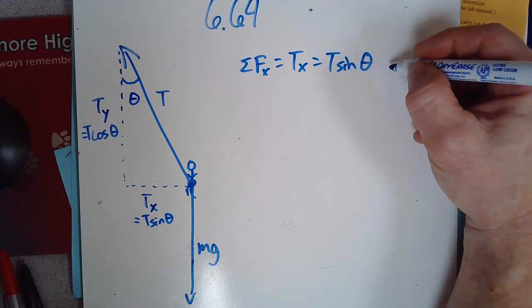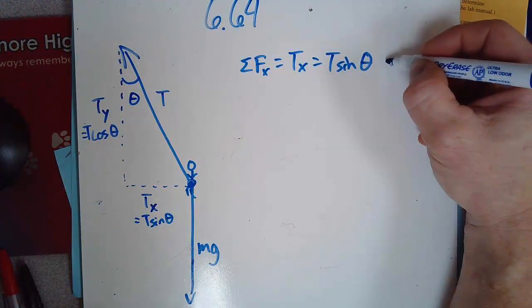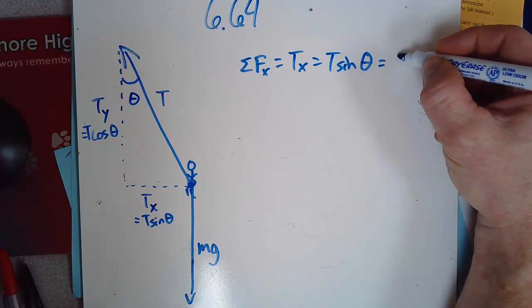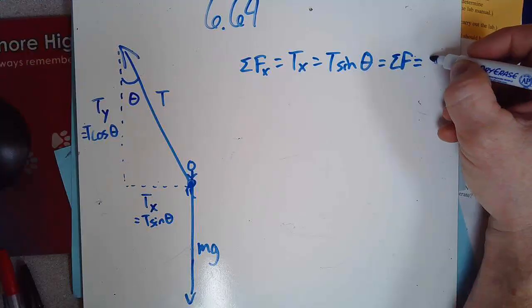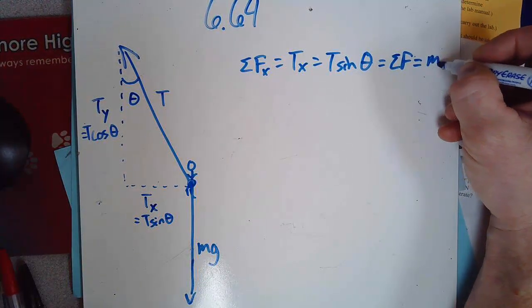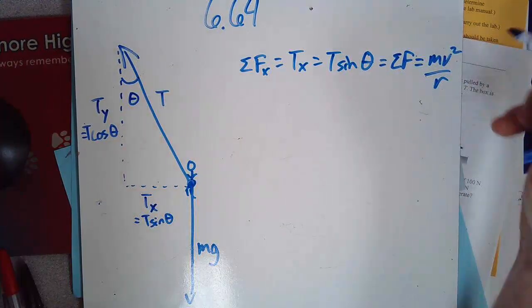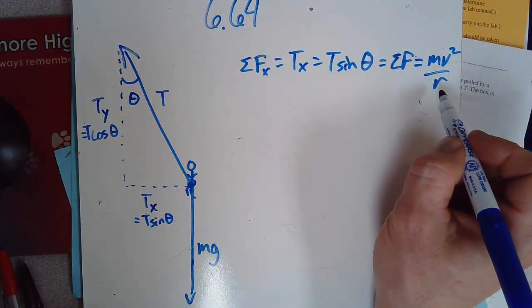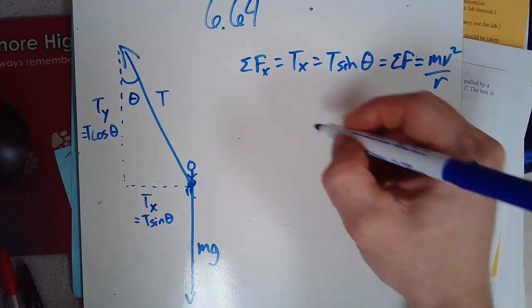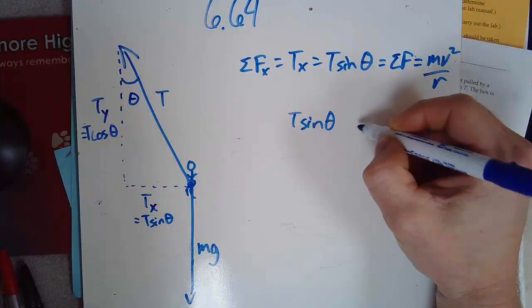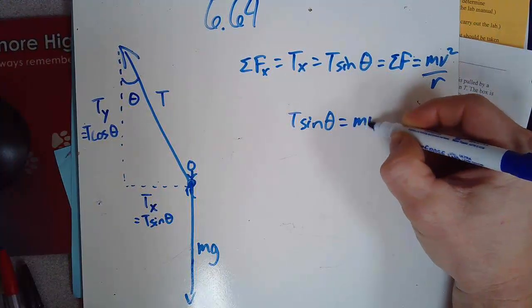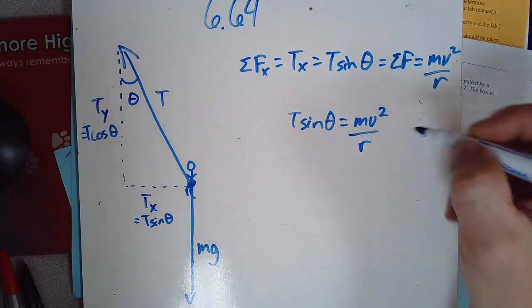That is centripetal force, so it is equal to mv squared over r. The important part to take away is that T sine of theta equals mv squared over r.